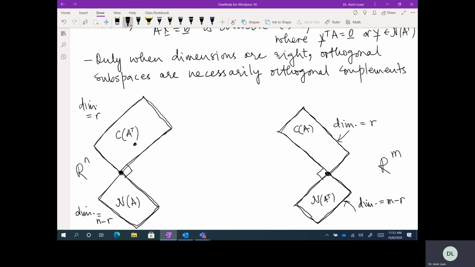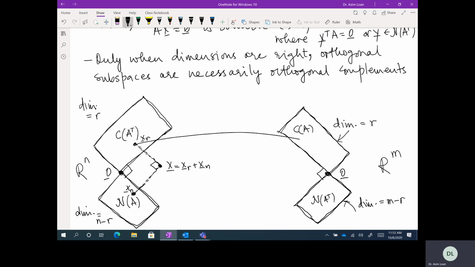So you have some xr over here. This is xn over here, right? This is, by the way, 0 here. So this vector here is x. Okay, so x is xr plus xn.